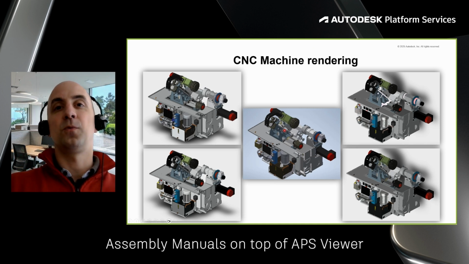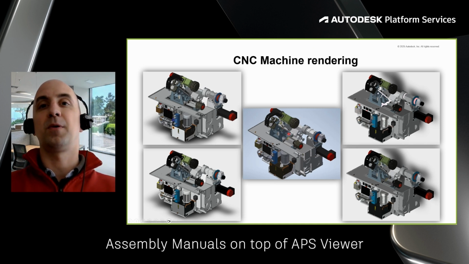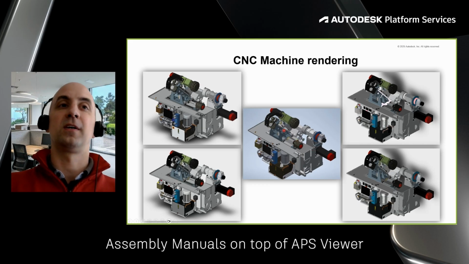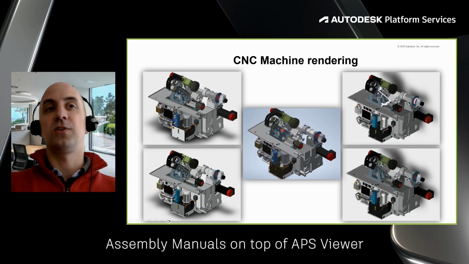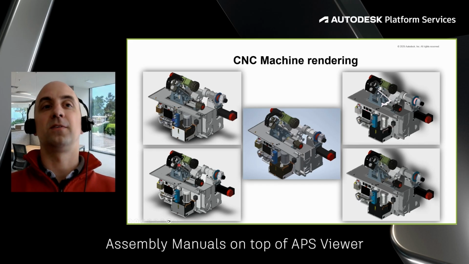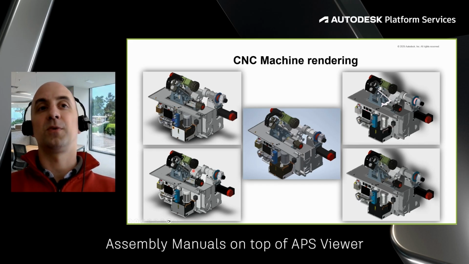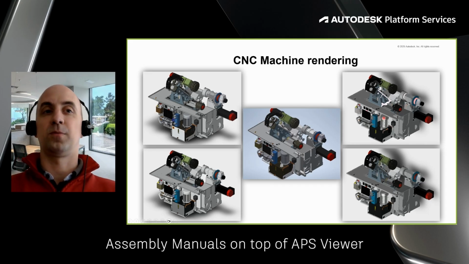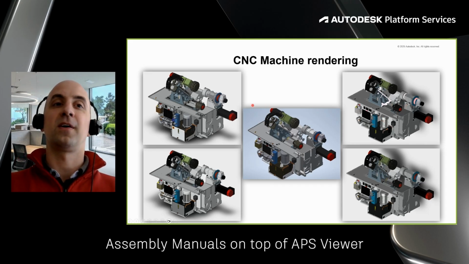On this slide, we have in the center the picture from Inventor, and on the sides we have pictures of the SVFs generated by all of those four ways. On the left, we have the pictures coming from the Vault translator, and on the right, we have pictures coming from the Inventor translator.